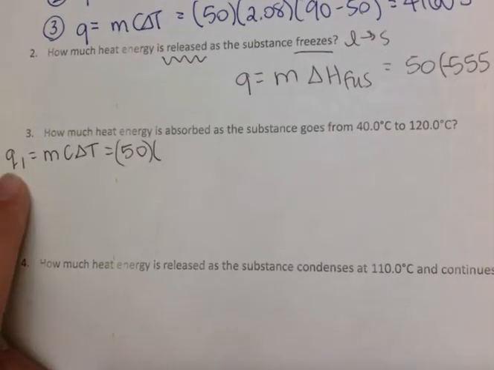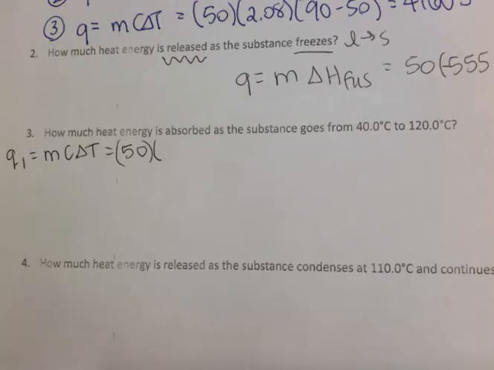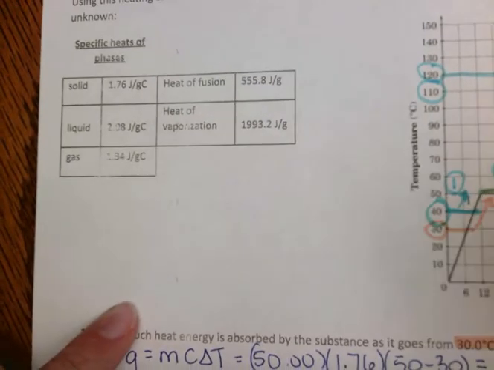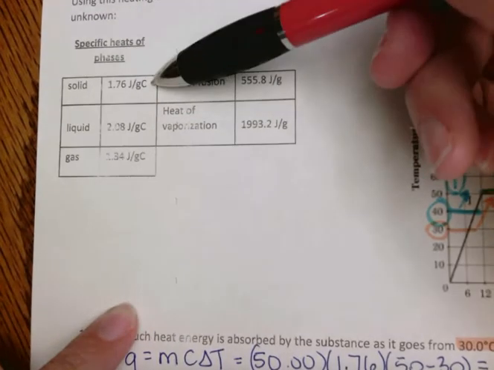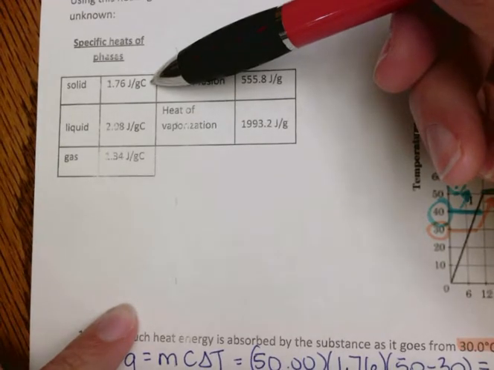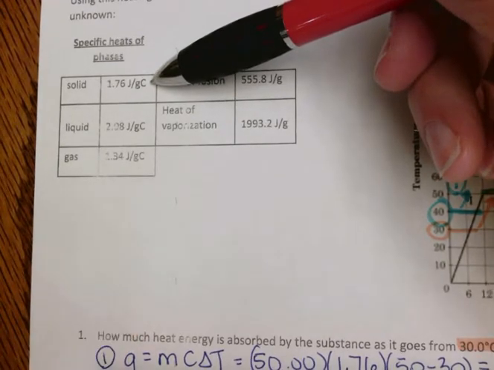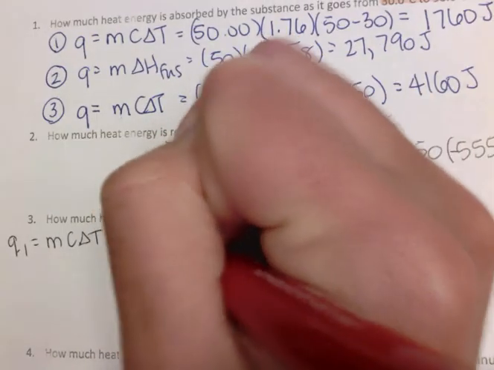Knowing that Q1 is in its solid state, I'm going to make sure I pick the right specific heat capacity. As a solid, the substance has a specific heat capacity of 1.76 joules per gram degree Celsius. So I'm going to use that solid specific heat capacity here.